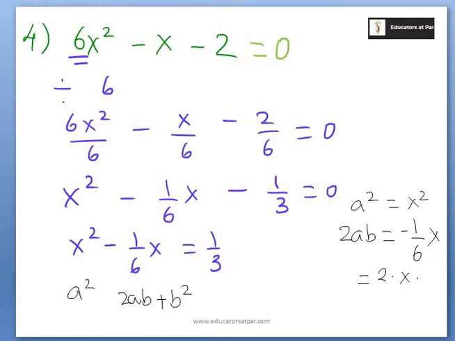So we are going to compare it with minus 2ab. x, we are going to pull out a 2 from here. That means you are multiplying the numerator and denominator both by 2. So it's going to be 1 by 12. Our b is 1 by 12. b square is 1 by 12 square.